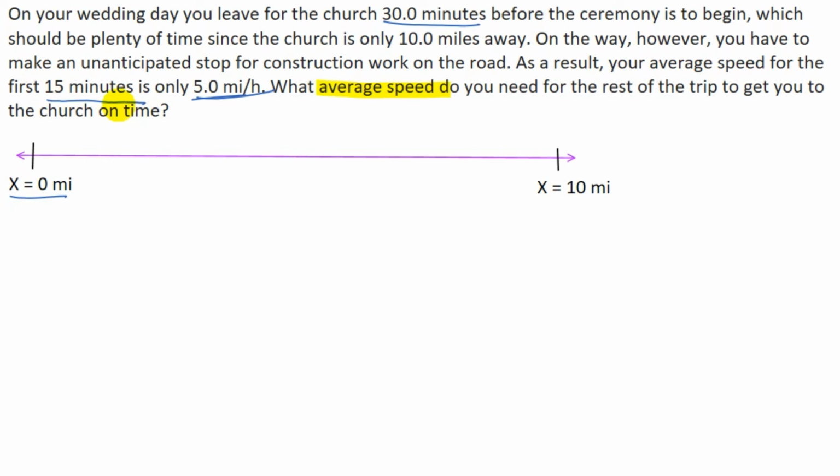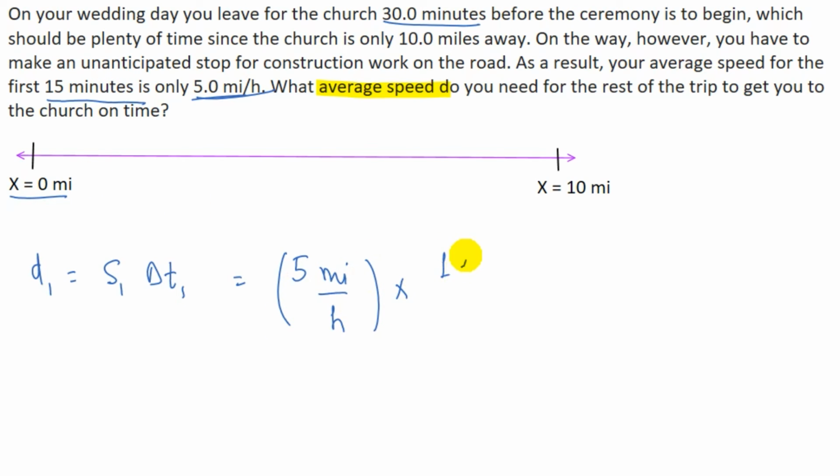Now for the first 15 minutes the average speed is 5 miles per hour. Now we know that distance d1 would be equal to speed s1 multiplied with the elapsed time t1. So s1 is 5 miles per hour. Now since the time is given in minutes, we have to convert the units into miles per minute.